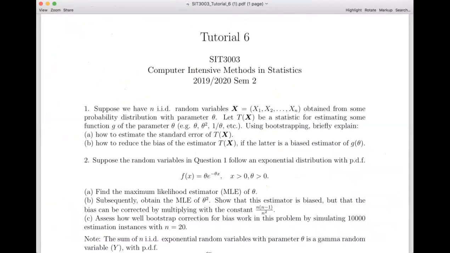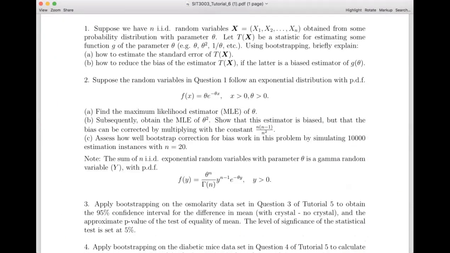So for question 2, you have an exponential, right? Suppose, following from part 1, that the density is actually exponential. Sorry, it doesn't say it's mean 1, it's just a rate parameter theta.